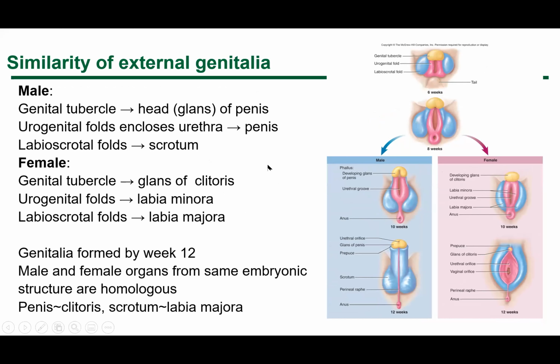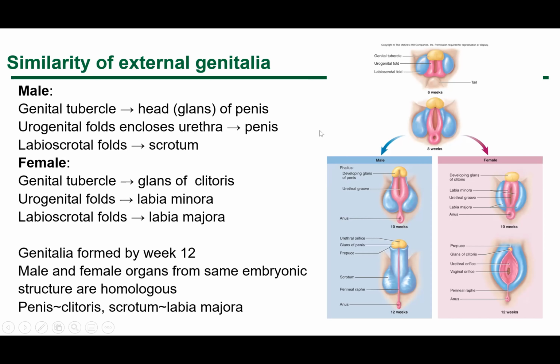Okay, so let's look at the external genitalia, and then we'll pick up where we left off next week. But this is also fascinating. So I just showed you the homology of the internal set of workings and that they all come from the same thing. The external genitalia follow the same rules.